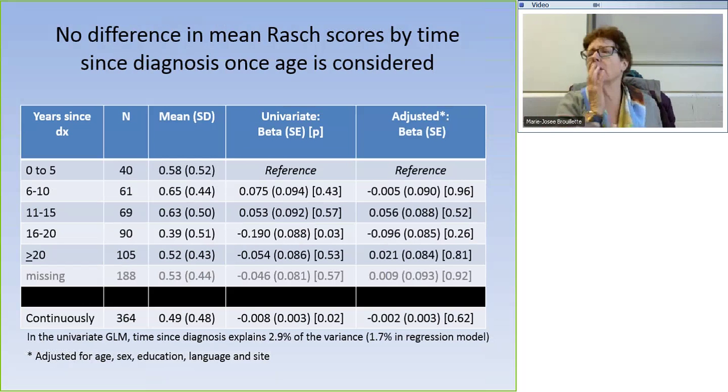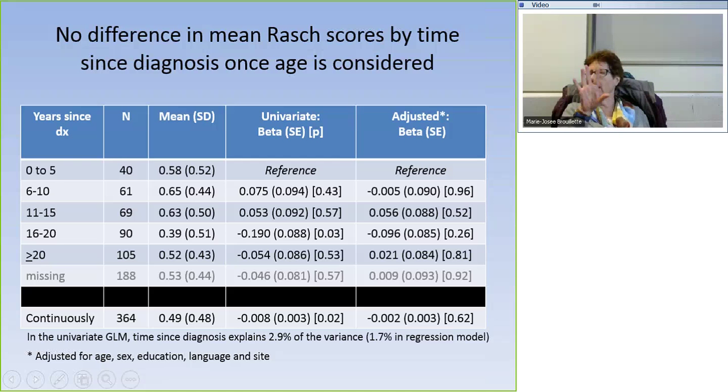This was the debate between current age and time since diagnosis, because obviously they're correlated. So Susan Scott, the statistician, ran it with both in the model. Once you consider age, time since diagnosis drops out, and probably vice versa.